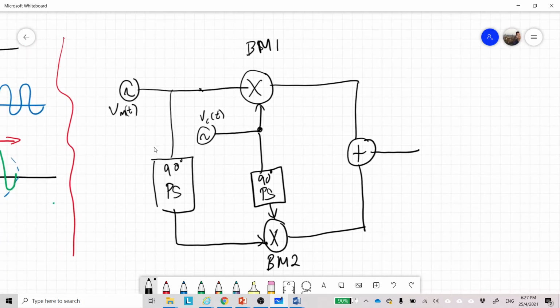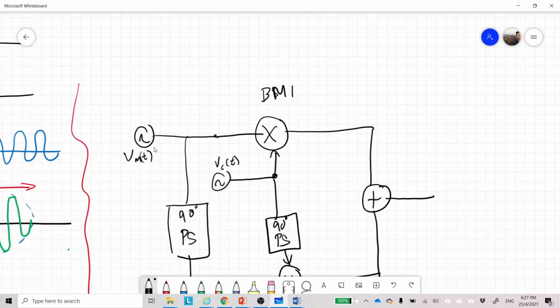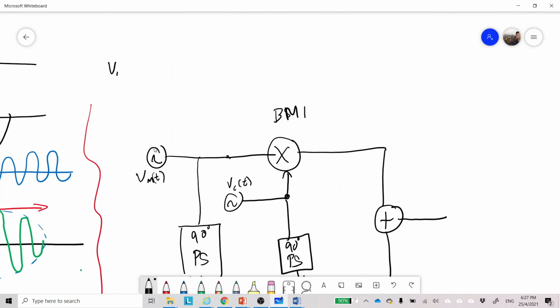Okay, so what happened is that, assuming that VMT is equal to VM sine 2 pi FMT, while the VCT is equal to VC sine 2 pi FCT.